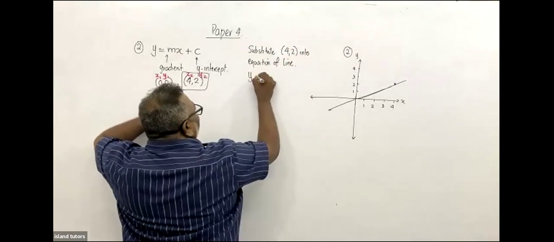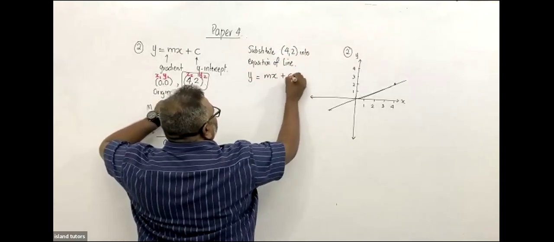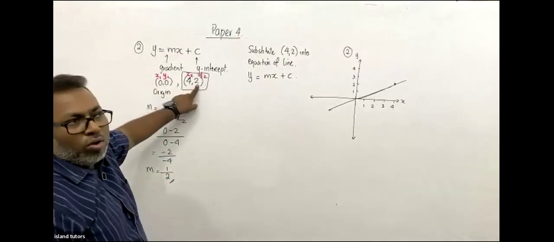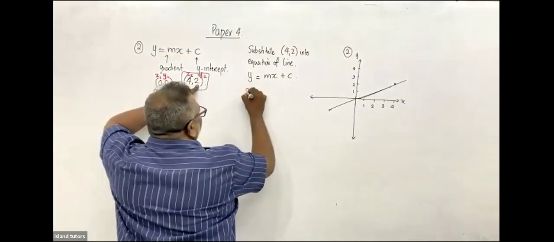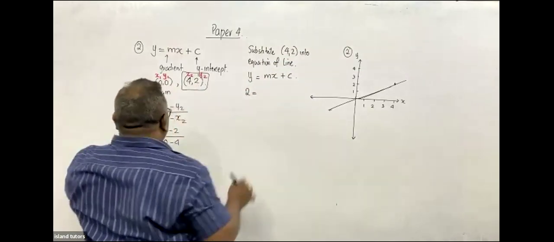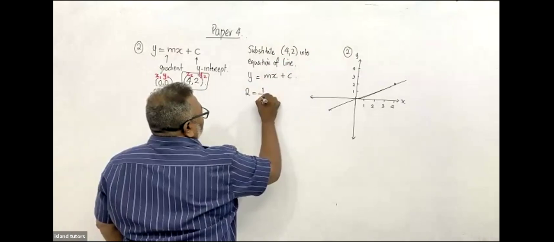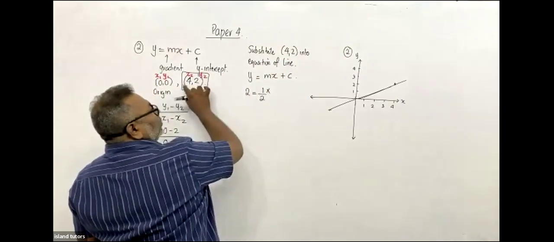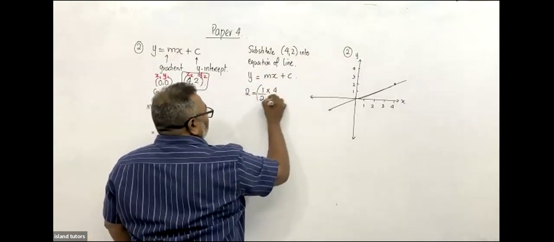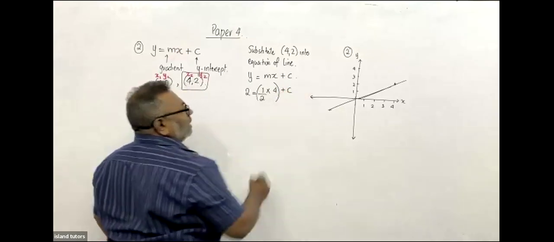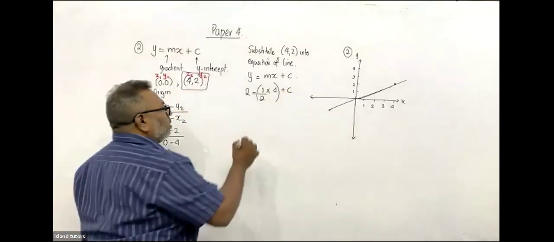What is that? y equals mx plus c. So y is 2, m we know is half, x is 4 plus c. Okay.